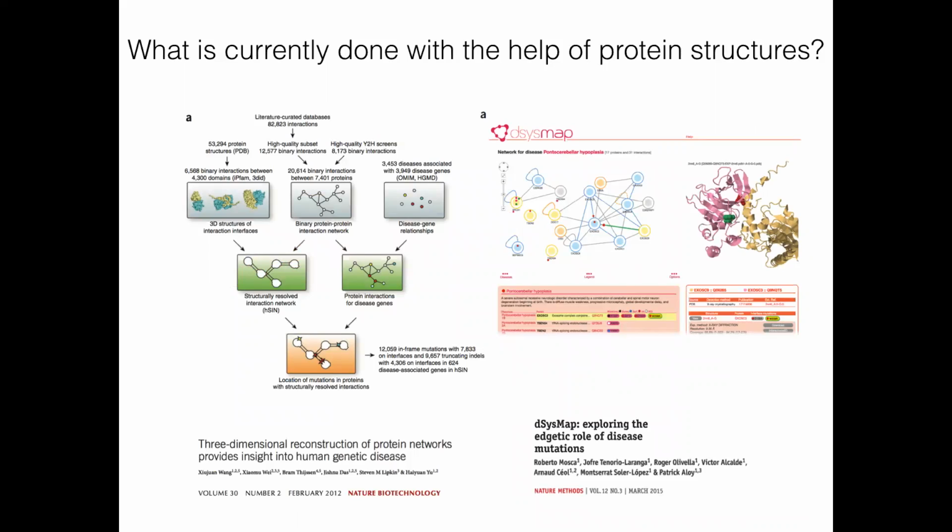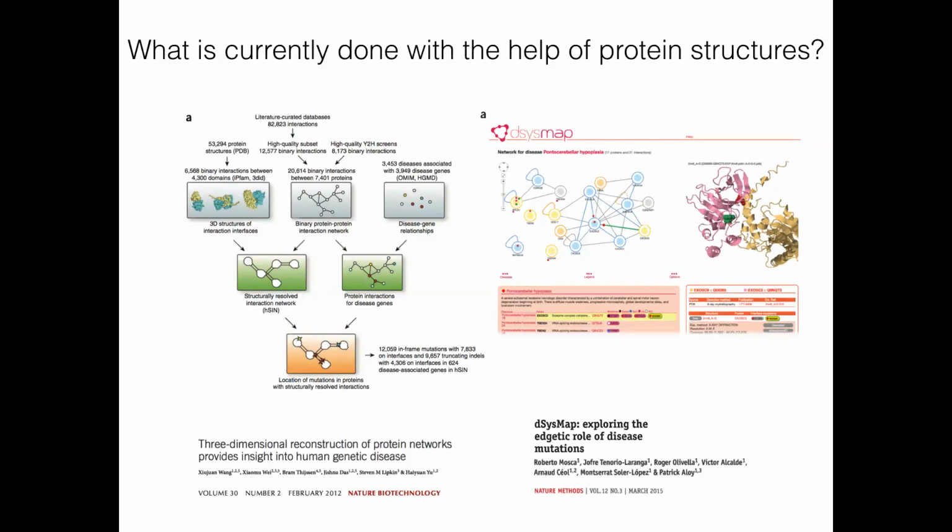The one to the left is from Haiyuan Yu's group at Cornell, and they use protein domains, and they look at different disease genes, OMIM, and I think they also use ClinVar. And the other one here, DiseaseMap, is from Patrick Aloy's group in Barcelona. Those are also some really interesting papers that I would recommend you to check out.